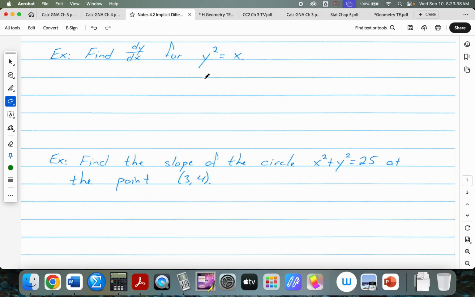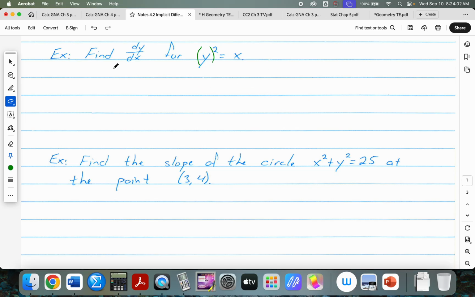Instead, what we can do is think of y as being a function of x. One of the things that some students of mine have done in the past is every single y that they have in a problem like this, they set it off with parentheses to remind them that it's not just a variable, it's an unknown function of x.